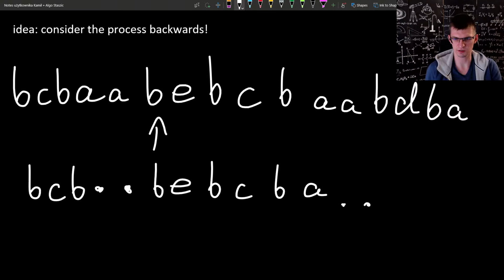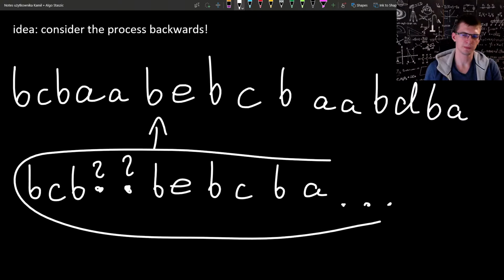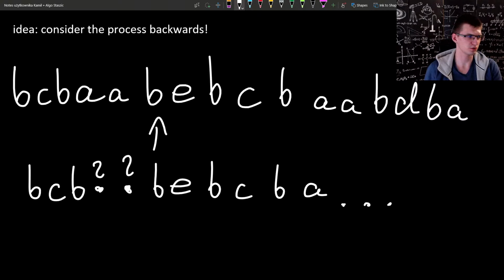Maybe these are like question marks, wildcards. It doesn't matter what is here. The problem is now: what's the smallest number of operations to create such a string, where I don't care what is in those positions? Could be B, could be C, whatever.